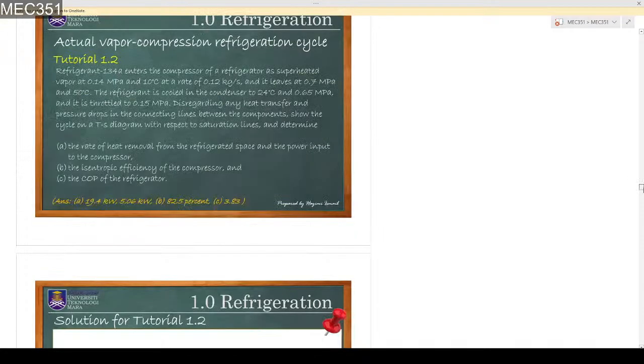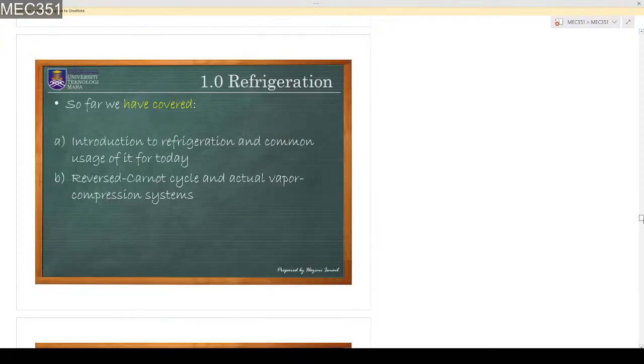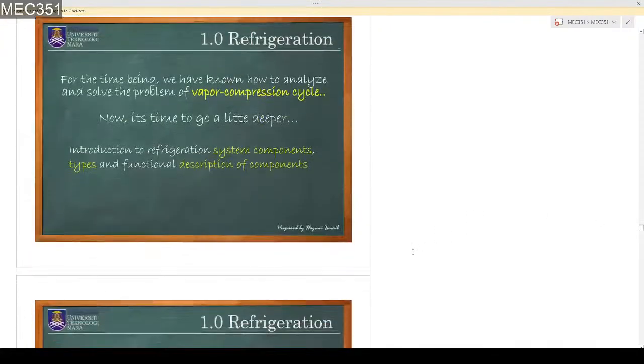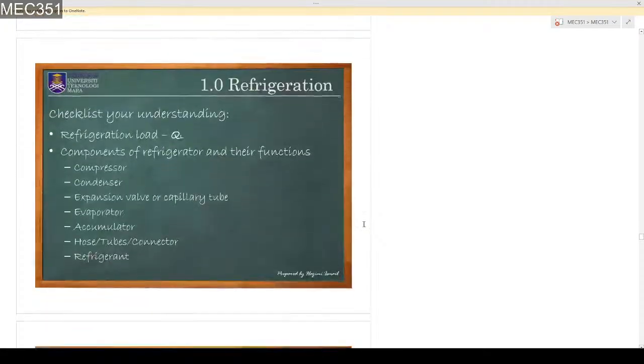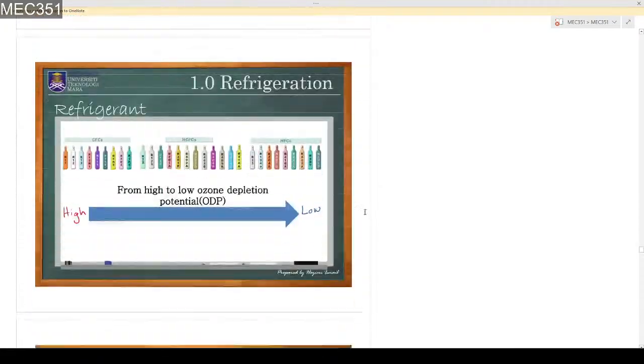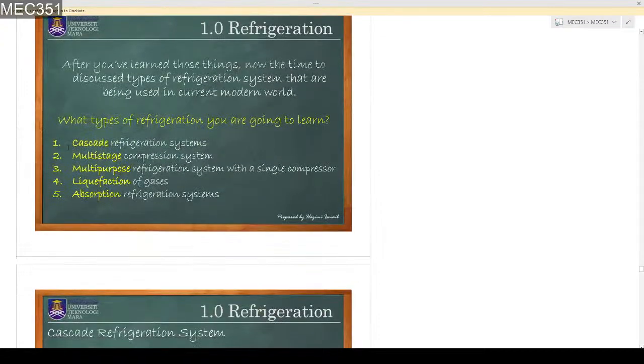Okay. In our last class, we went through the types of refrigeration cycle that are already applied in industry or real life applications, right? There are a few that we have learned, such as cascade, multi-stage, multi-purpose, liquefaction, and absorption.